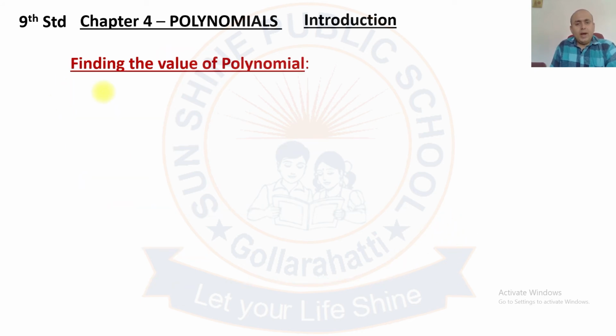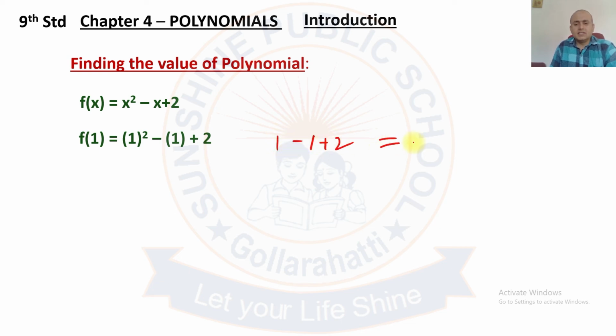Finding the value of a polynomial: f of x is equal to x square minus x plus 2. If the value of x is replaced with 1, we get 1 square minus 1 plus 2. The value of 1 square is 1 itself, so 1 minus 1 plus 2, the answer is 2.